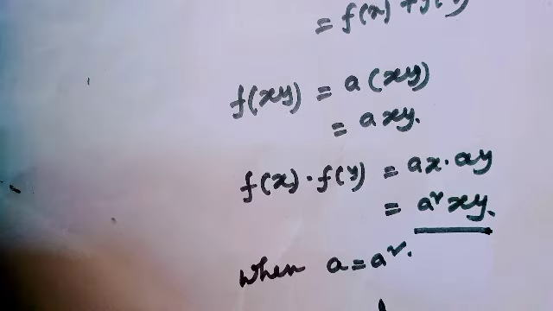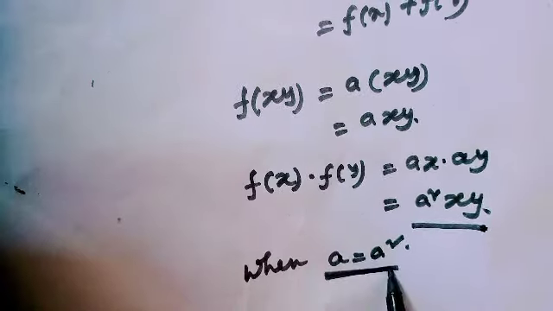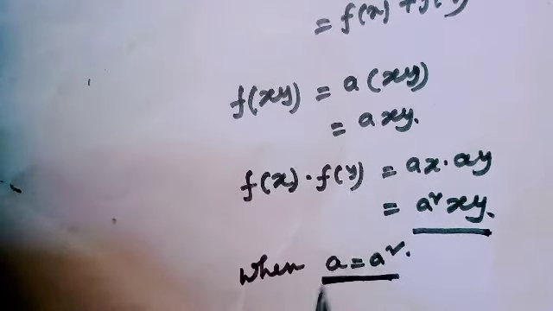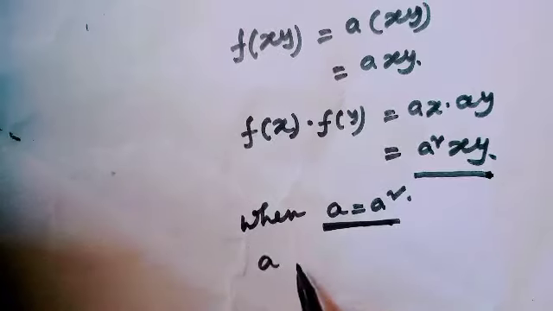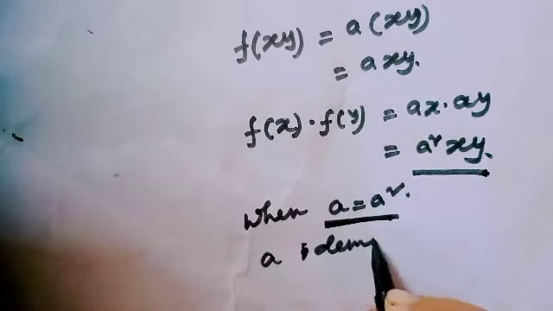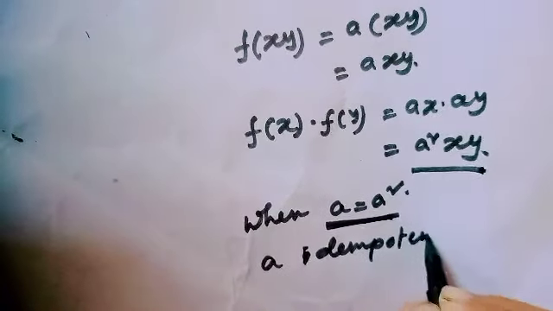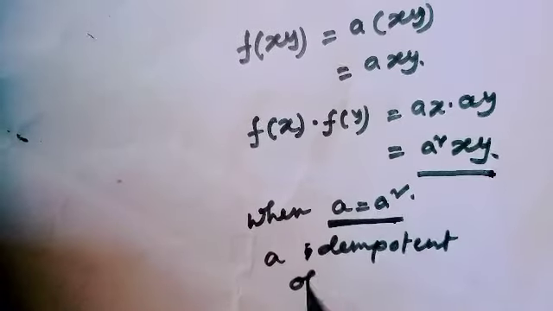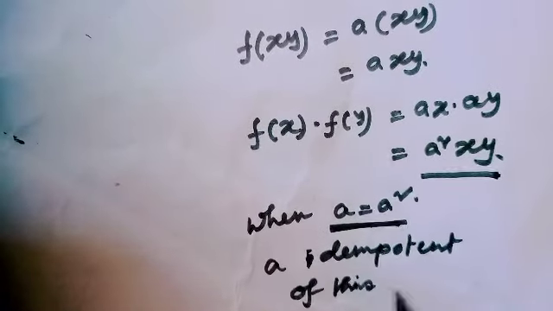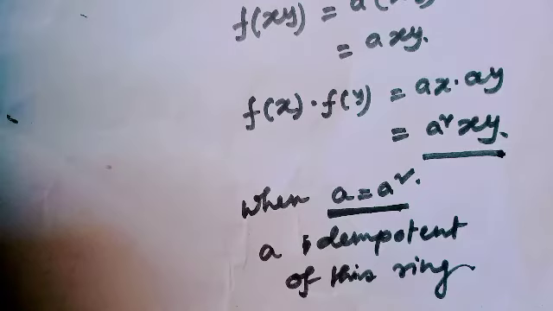And if a equals a squared, then a is called an idempotent element of this ring. Are you getting why I told you that the idempotent element is used to find the ring homomorphism?